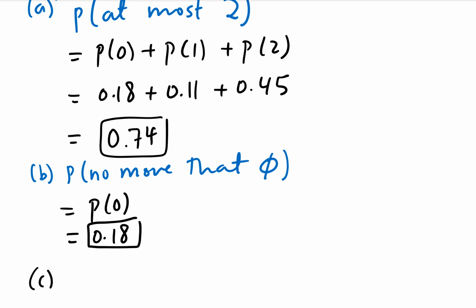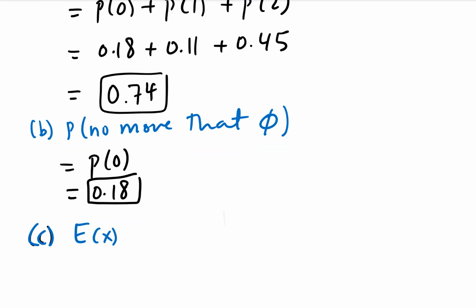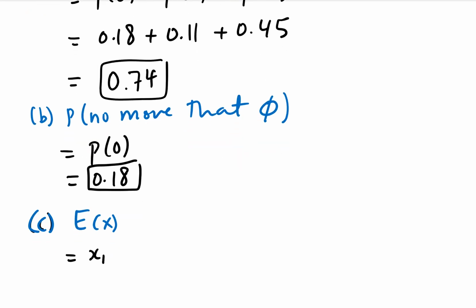C, they want us to find the expected value of X, E of X. The way you find the expected value is x1 times P of x1 plus x2 times P of x2 plus etc., depending on how many.